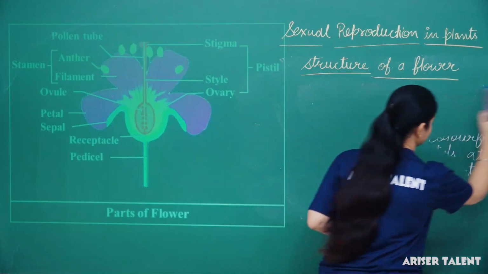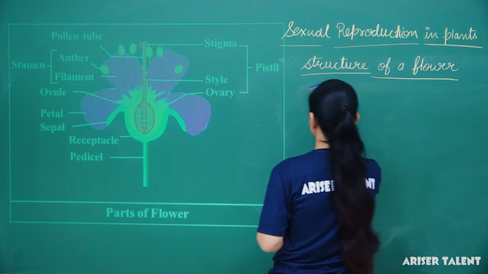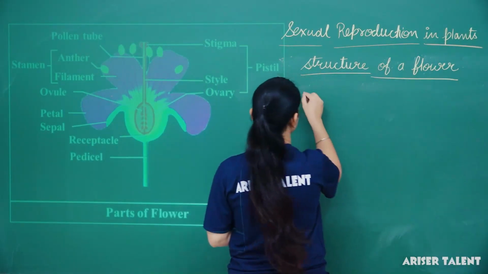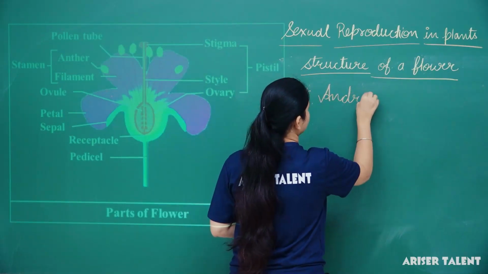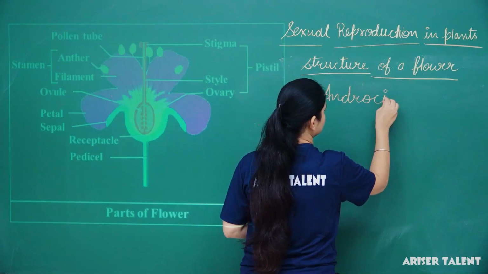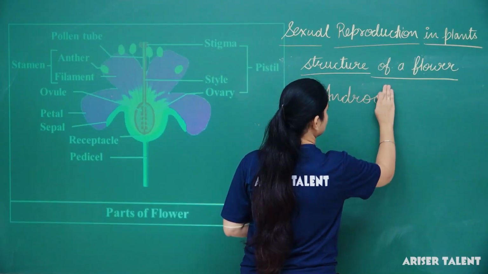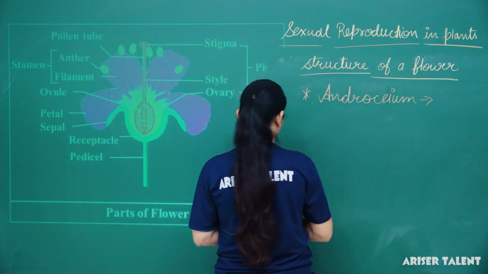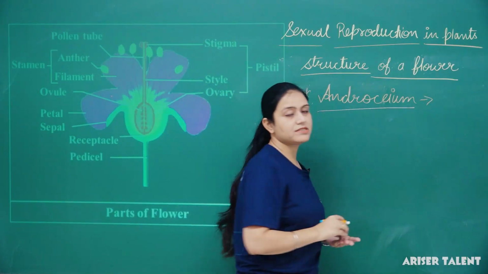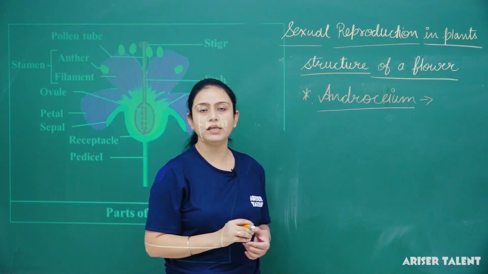Next is Androecium. What is Androecium? Generally Androecium is the male reproductive organ in the flower.